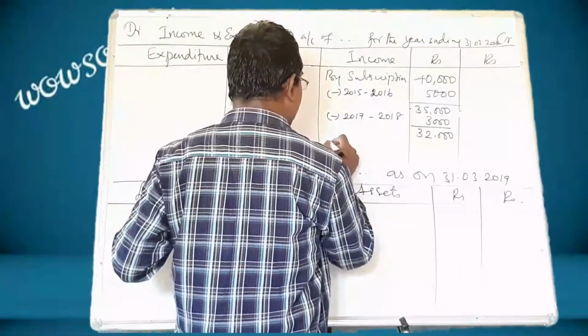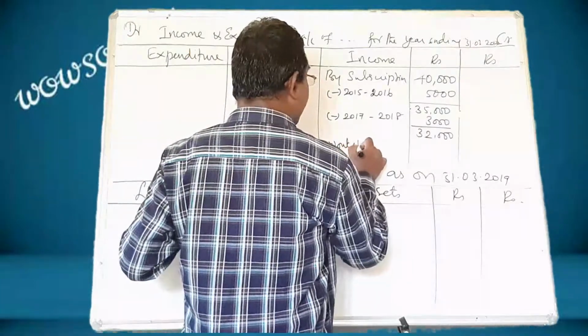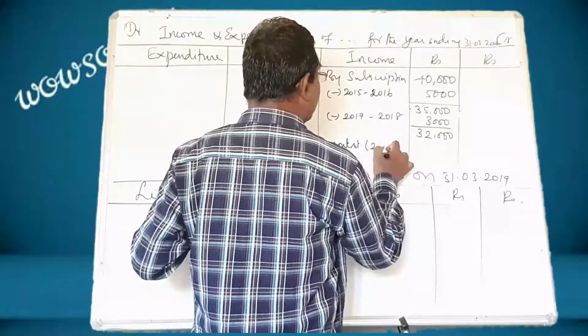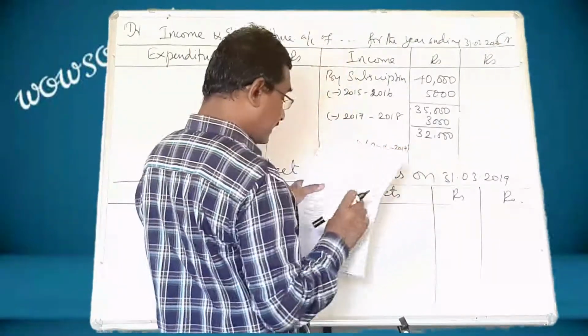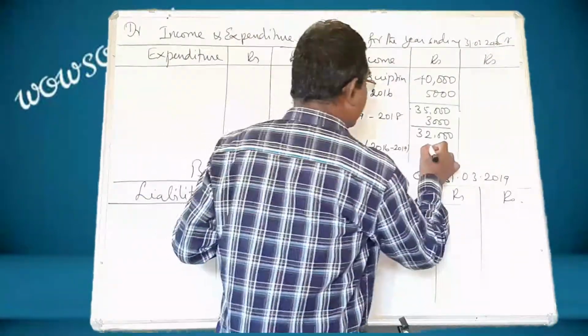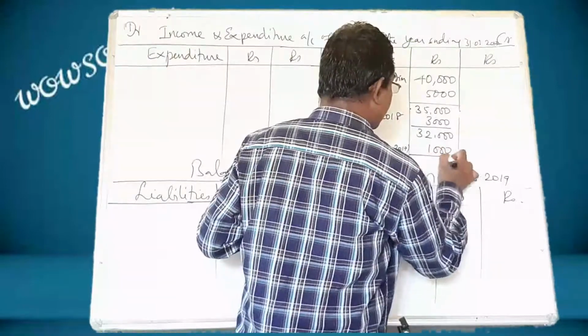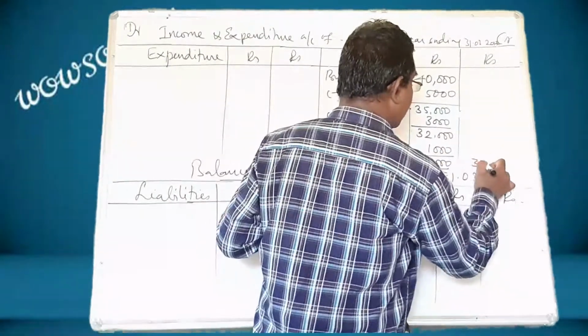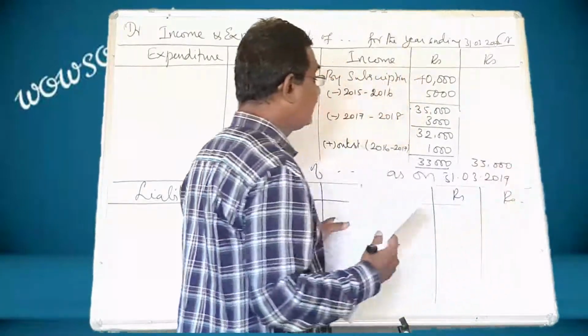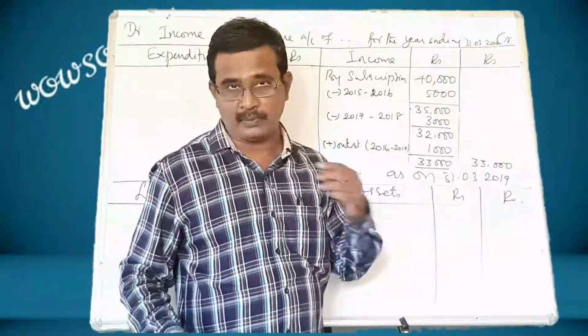Still outstanding. This is meant for 2016-17. What is that amount? 1,000. And this is the amount which should be shown in the outer column.